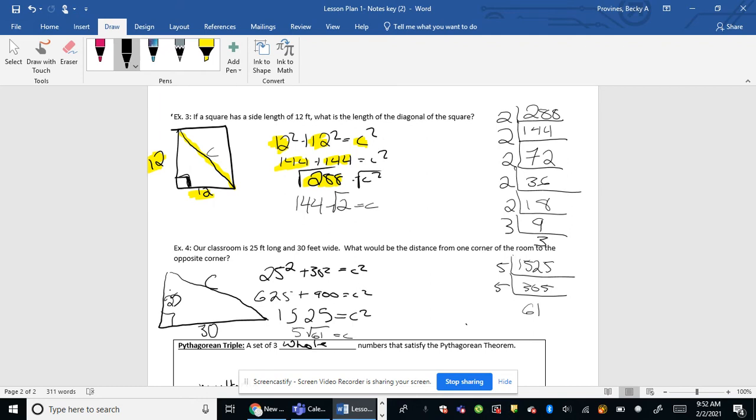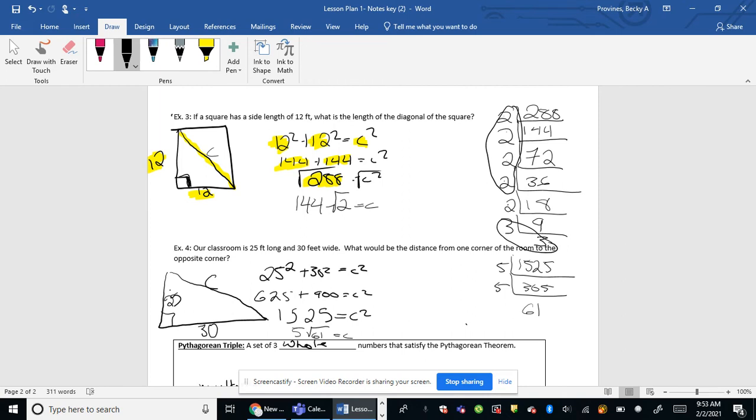And this was a little bit longer of a process, but 2 goes into 288 144 times, 2 goes into that 72 times, 2 goes into 72 36 times, 2 goes into 36 18 times, 2 goes into 18 9 times, 3 goes into 9 3 times. So now we have 1, 2, 3, 4, 5 2s and 2 3s. So we'll group together 4 of those and the 2 3s.